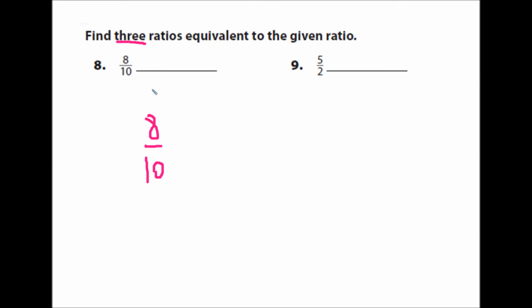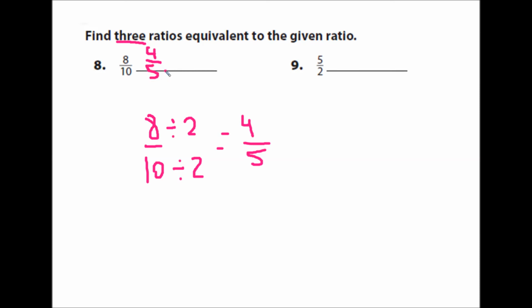So first thing I'm going to do is divide the top and bottom by 2. It's just like equivalent fractions, which we've done before. That gives me 4/5. Okay, so here's 1. So when it asks you in your homework to find 3 equivalent ratios, this is what they're talking about, not the 3 forms.